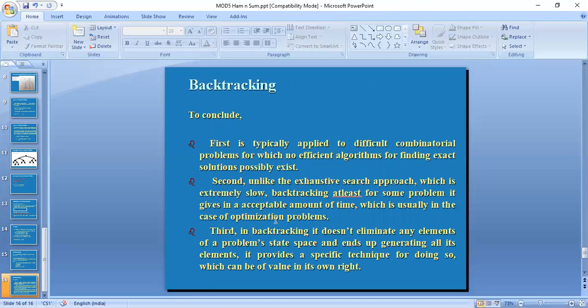So to conclude for backtracking, it is applied only to combinatorial problems for which there are no known algorithms, or we don't have an efficient algorithm for finding the exact solutions. Now, in the second module under brute force, we have seen the exhaustive search approach.